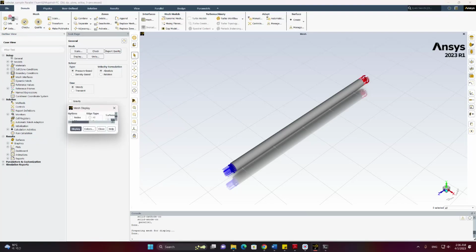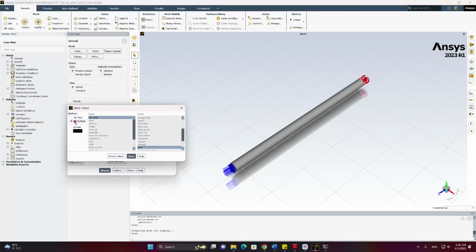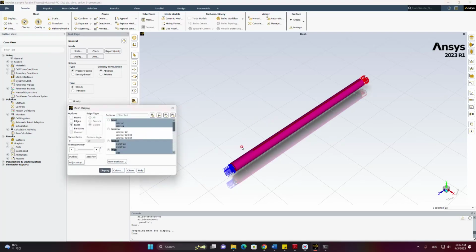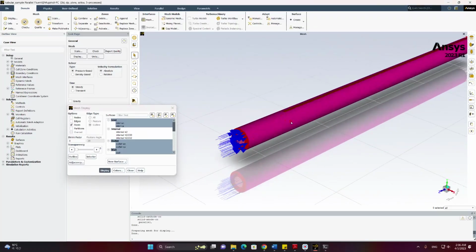The next step is to display the mesh in different colors. So here we can go to colors and select by surface. If we do by surface and display it, you can see that now we can see different coloring automatically for different surfaces, but we cannot see the inside.